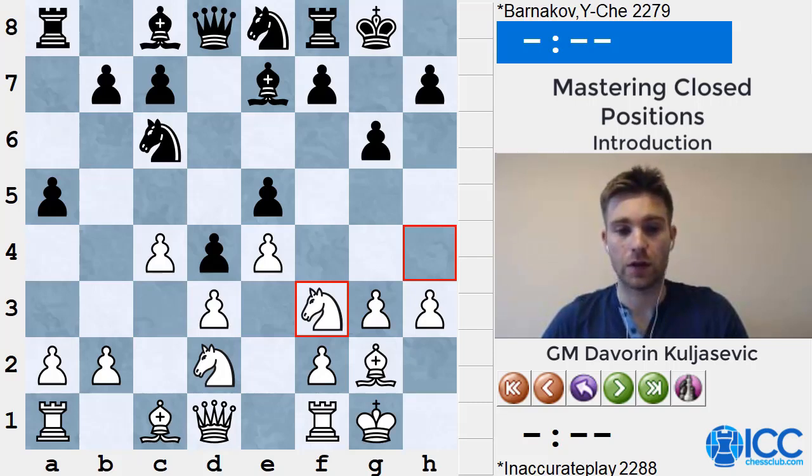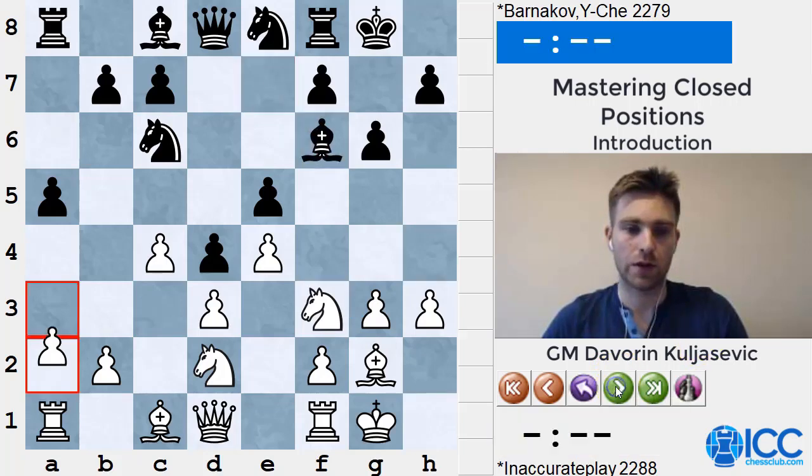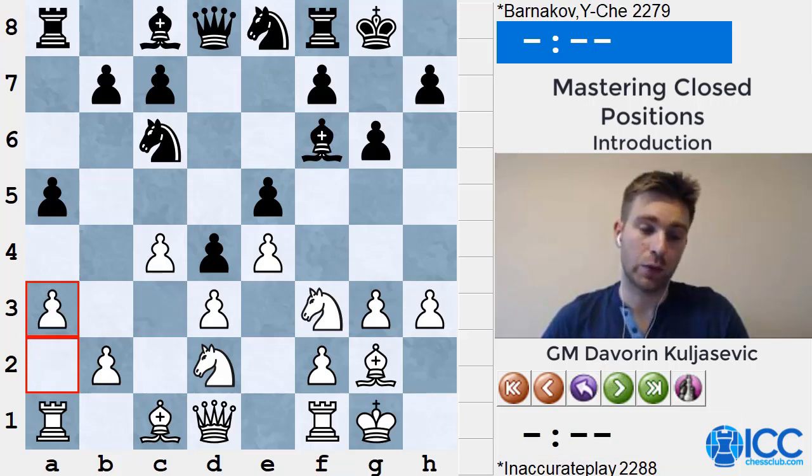So let us see what happened in the game. Bishop f6, slightly inaccurate, and here white plays the move a3. Now, this move can be justified maybe by trying to stop knight b4, even though this knight b4 is not that dangerous. But I don't like the idea, especially in connection with the next move that white played.